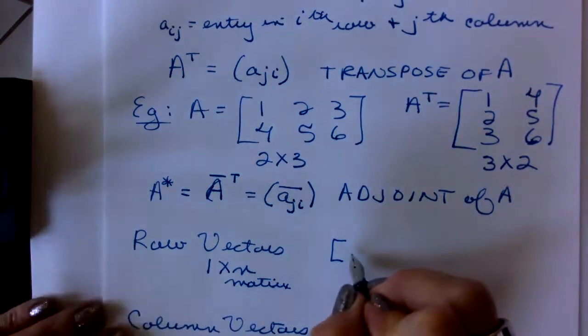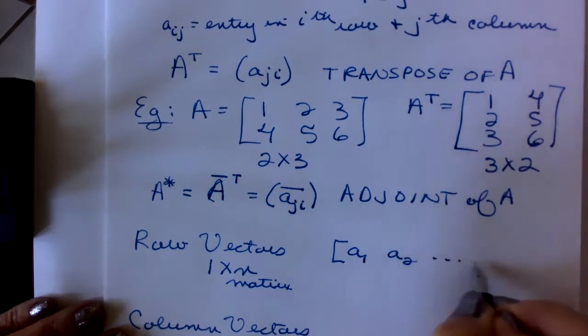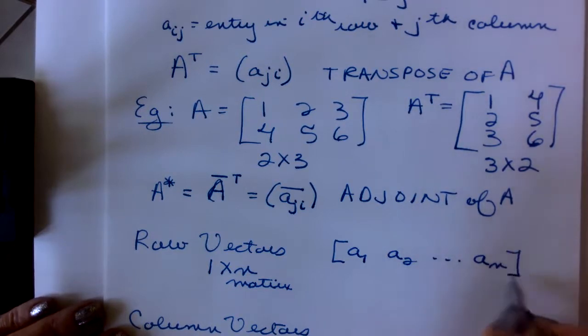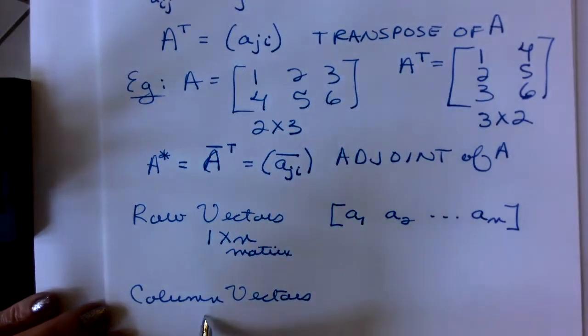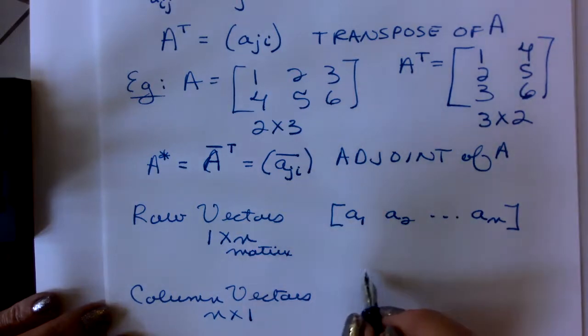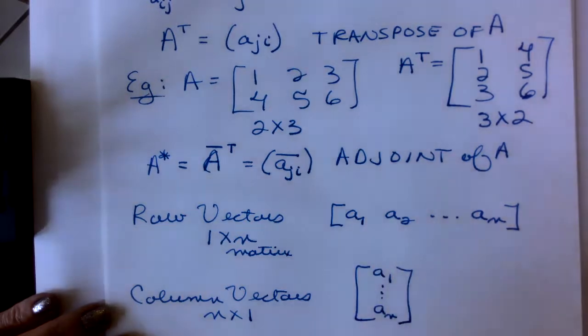So you might have a matrix that looks like A1, A2, up to An. So that's a row vector. And a column vector is an n by 1 matrix, so it has n rows and 1 column. A column vector would look like this.